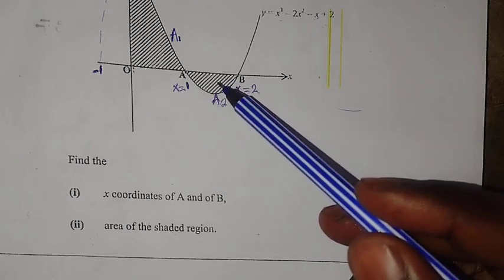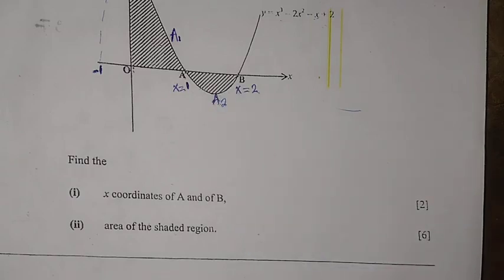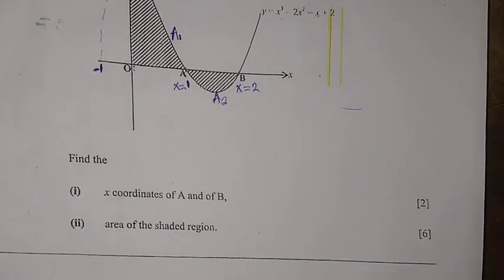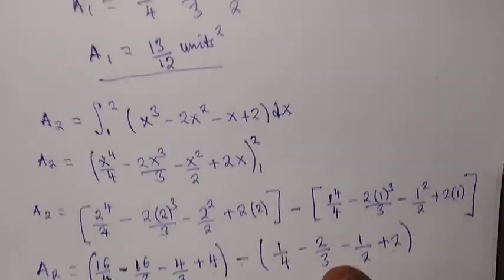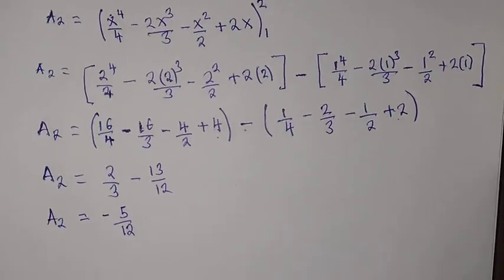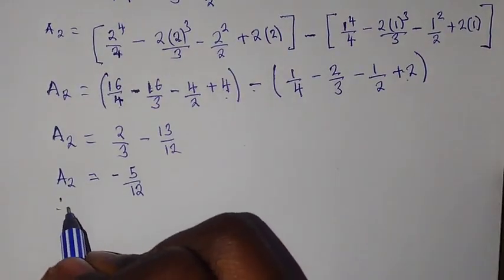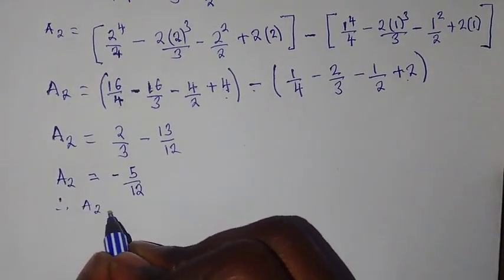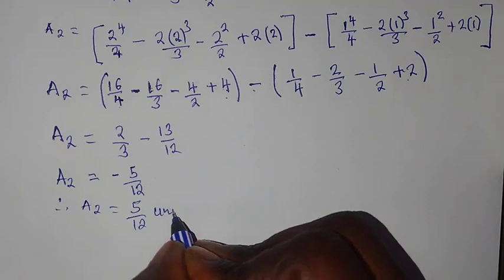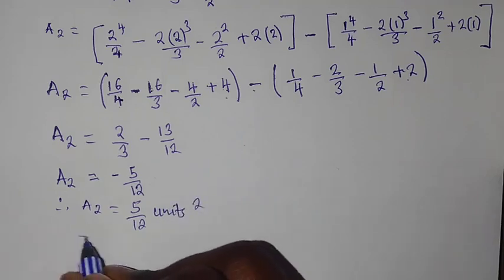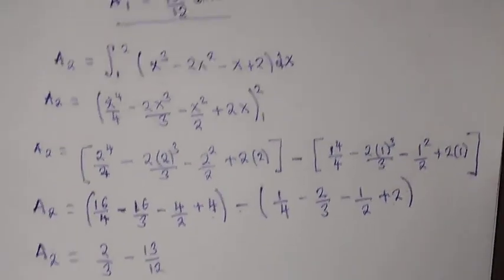That's why you're having a negative. So you're just going to leave area 2 in a positive form, which will be written as, therefore area 2 is equal to 5 over 12 units square. So remember, this is not our final answer.